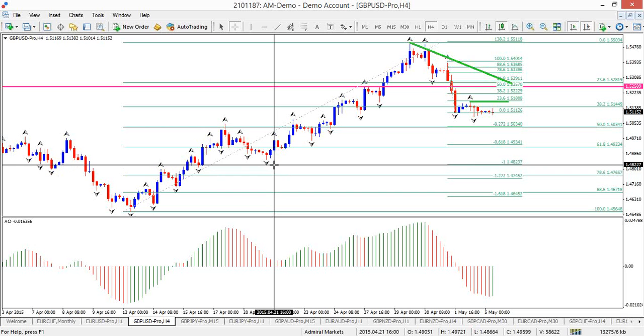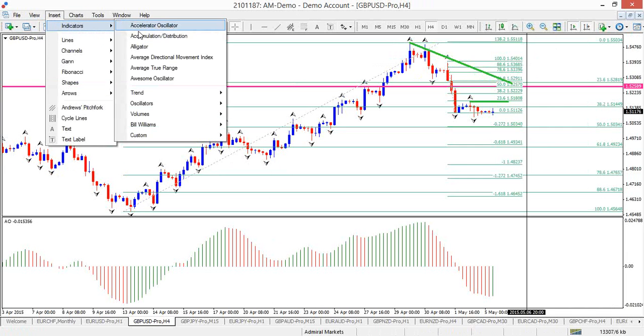Does anyone have, because I've been talking so much about waves and fibs now. Yes, they are fractals, no problem. The MT4 has them.